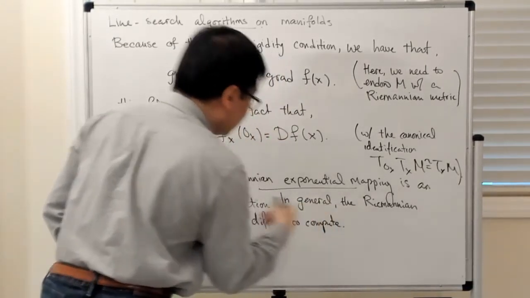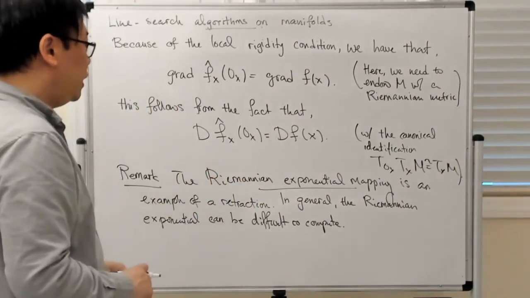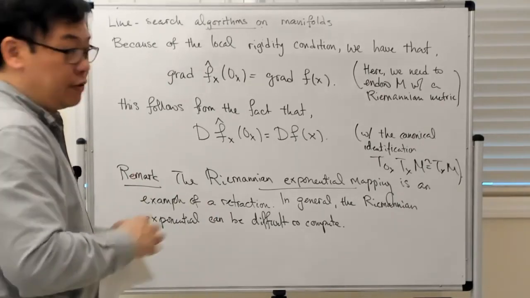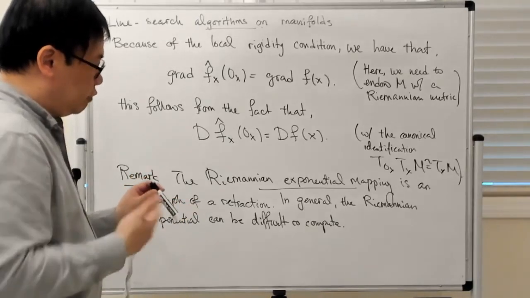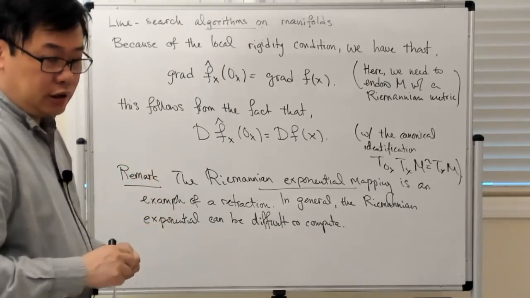And so instead of using the Riemannian exponential, we use these retractions in general. The practical choice of which retraction to use then depends on how easy it is to compute for the manifolds you're working with.